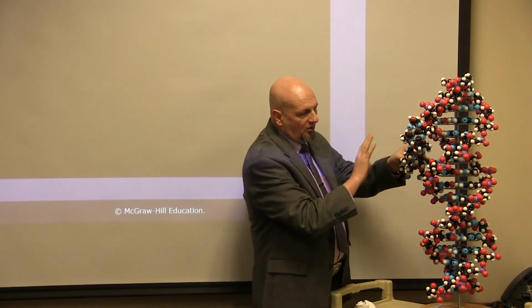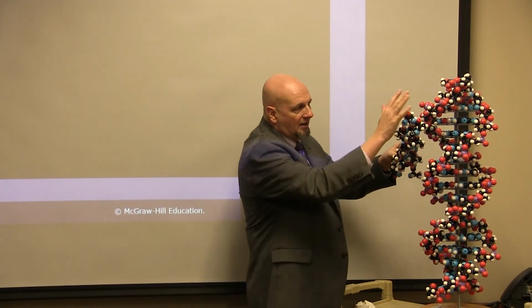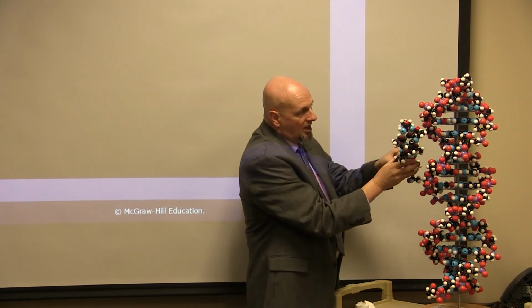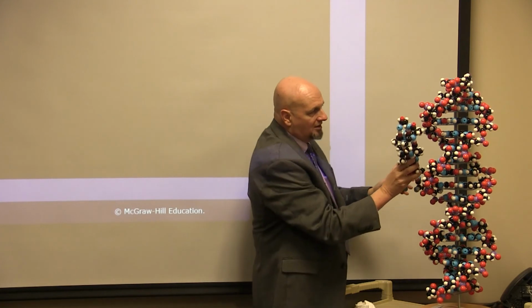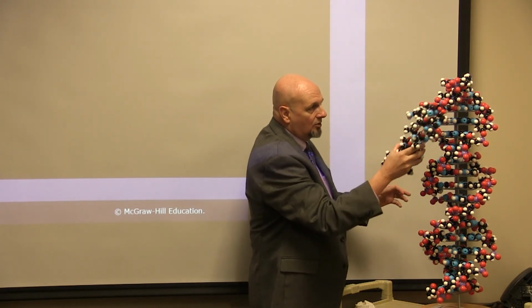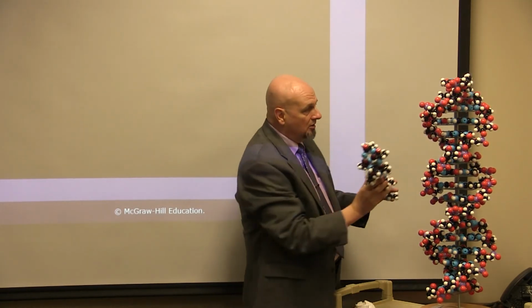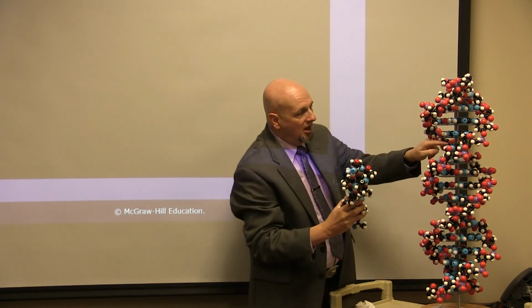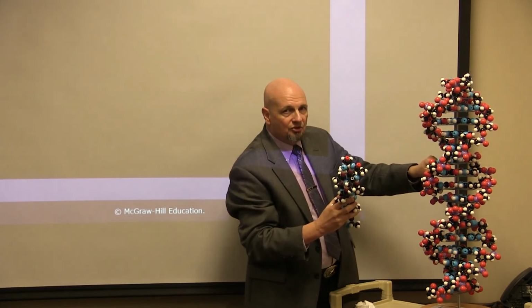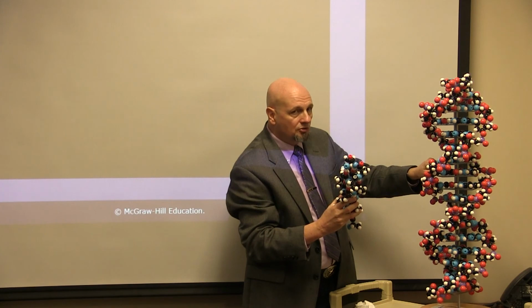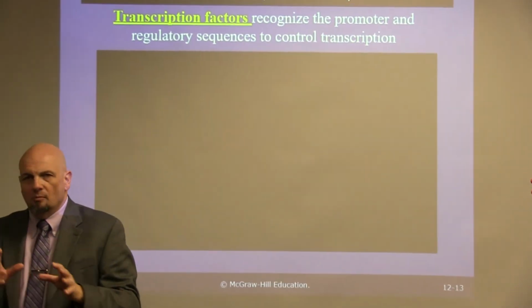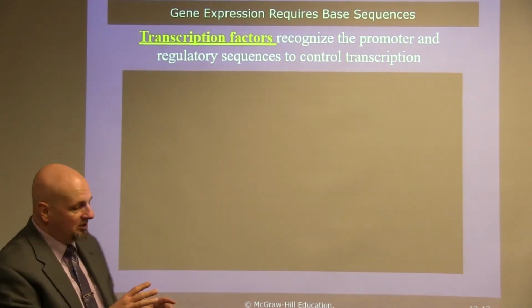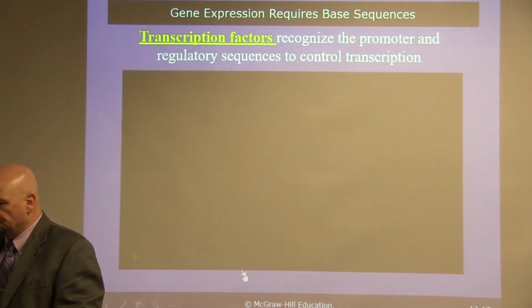This particular part of what we call a transcription factor protein binds in general to this phosphodiester backbone. And when it does that, it can then move along just like a train, going along until it picks up the sequence it's interested in binding to start transcription. So this is what you're about to watch, and this is very important to understanding how this whole thing is identified. So here we go.